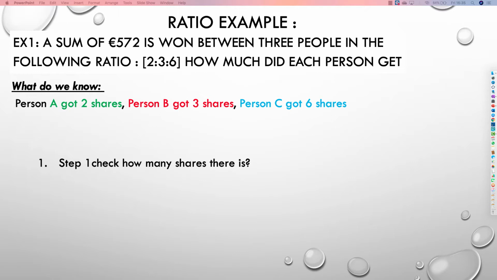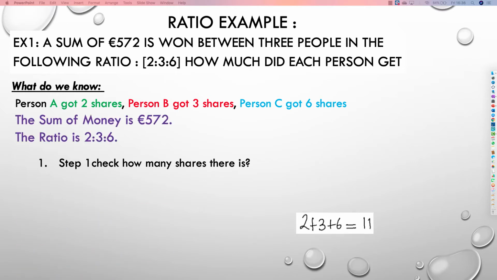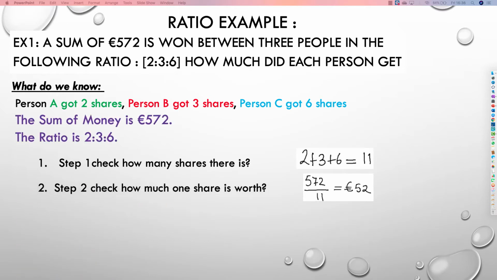So, what should I do? How many shares? 11 shares. What are we going to do if I know 11 shares? Good. So we're going to divide 11 into 572. We get €52.